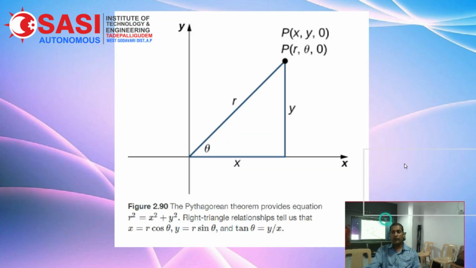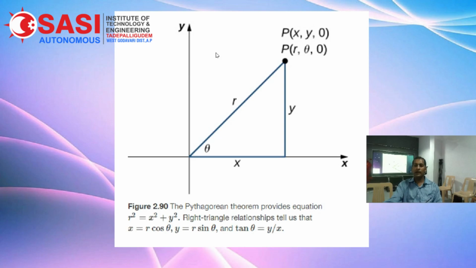So one more diagram we can see, how we get this diagram. Say this is y and this is x, two-dimensional diagram. Point P we are representing on the ground floor, where on this ground what is the value of z? Z is equal to 0. This is the top view of our 3D system.